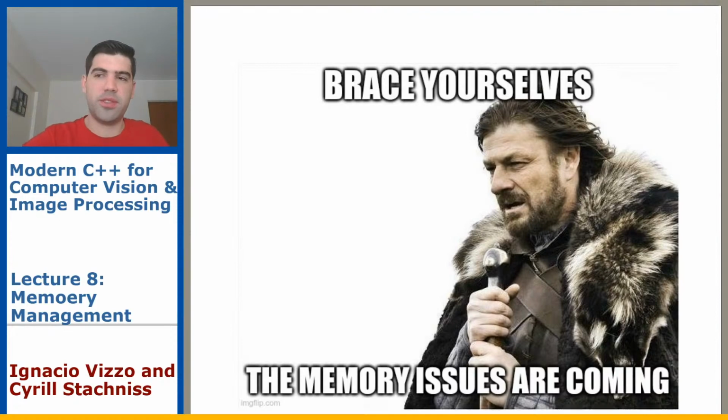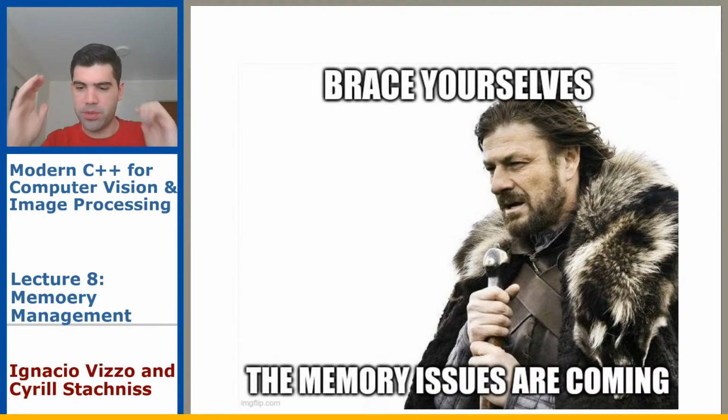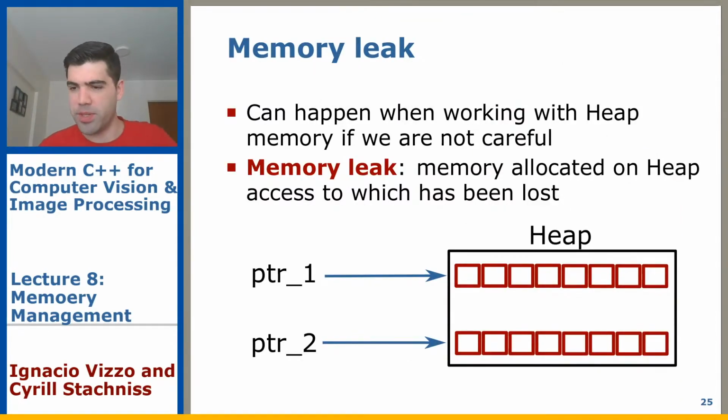Okay, so let's go through the memory issues. So the first victim of managing memory by programmers. People who program are people like me, dumb people, so you will make mistakes. So the first thing that could happen is the memory leak. This can happen when working with the heap, if you're not careful.